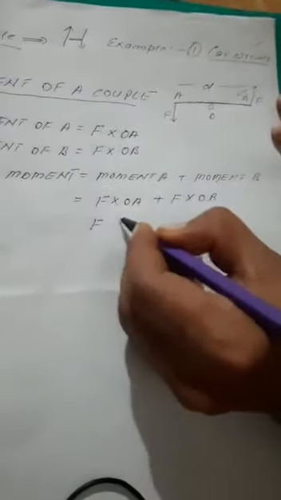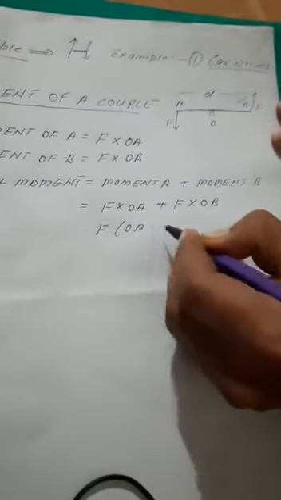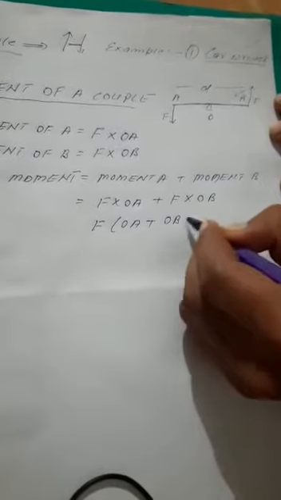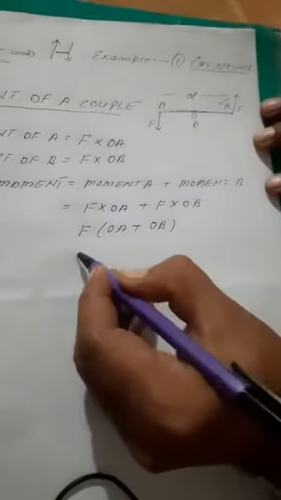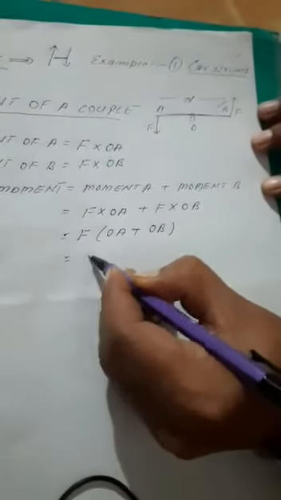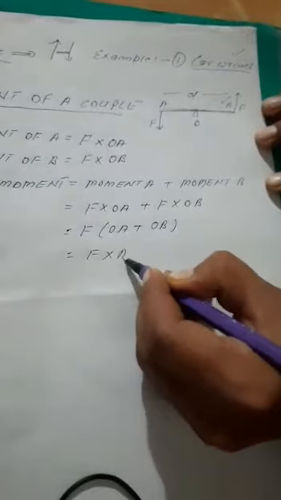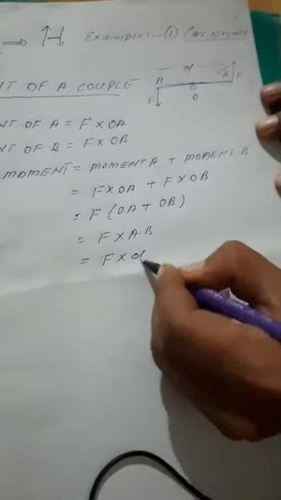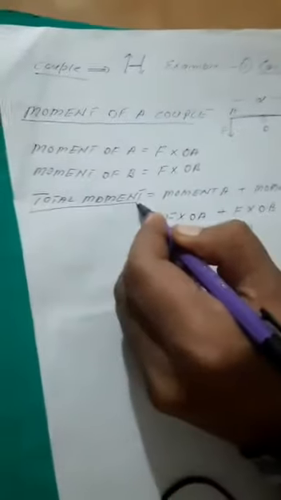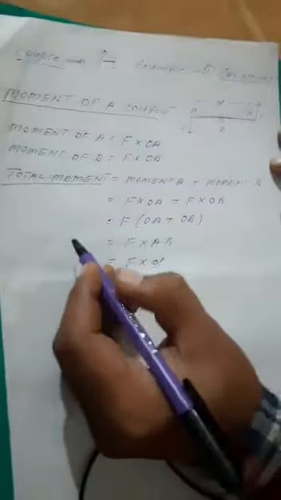Taking force common, you will have F into OA plus OB. Now see, OA plus OB is AB. So you can write F into AB. But AB is equal to D. So F into D. This is the formula for the total moment of a couple.